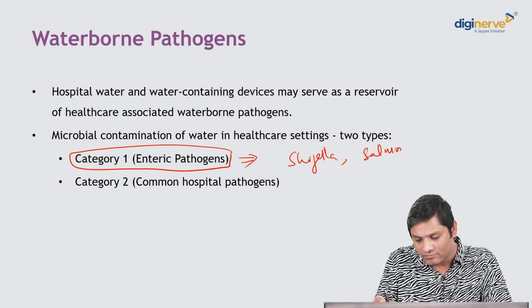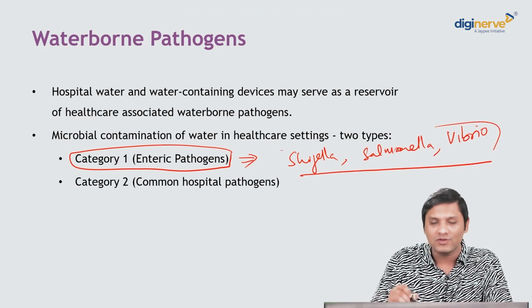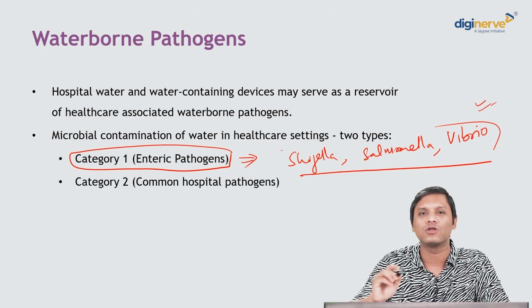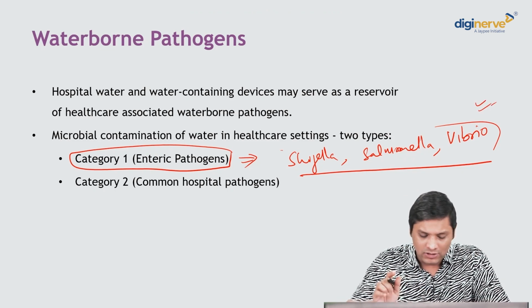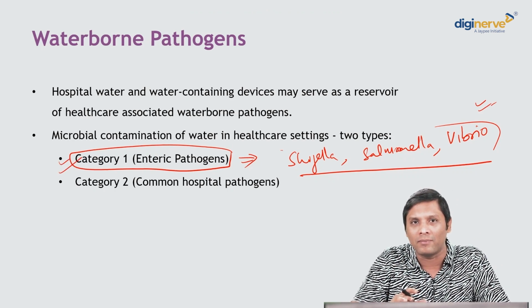Salmonella, Vibrio. These are the various enteric pathogens which are transmitted by the enteric route, and they are transmitted through contaminated water. So this is called category 1 pathogen, enteric pathogen.